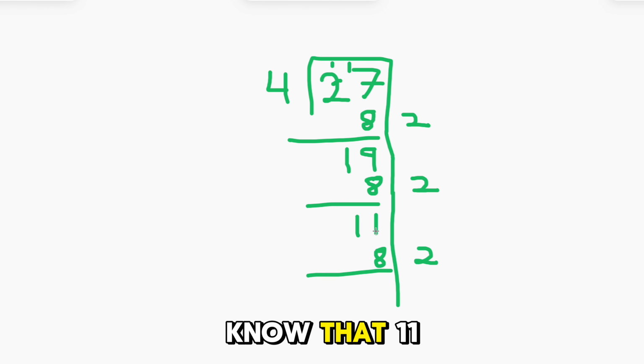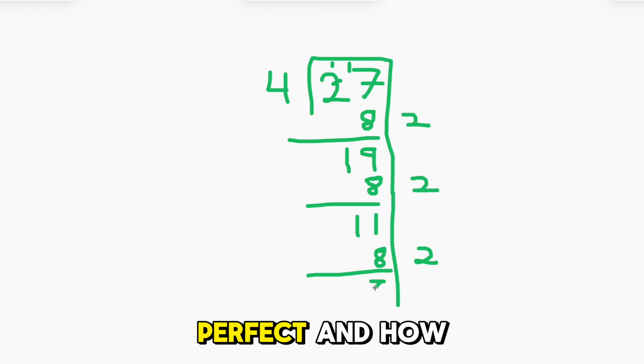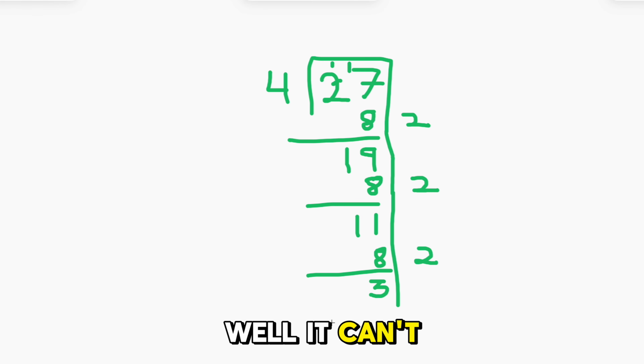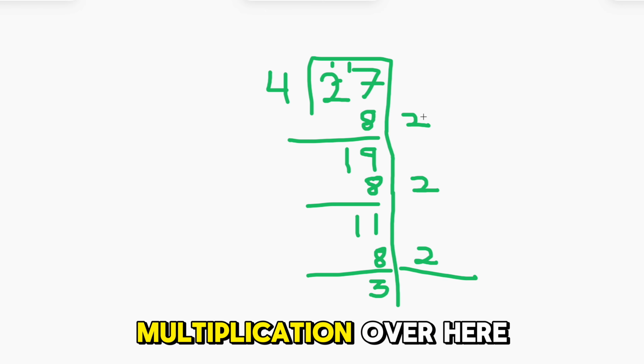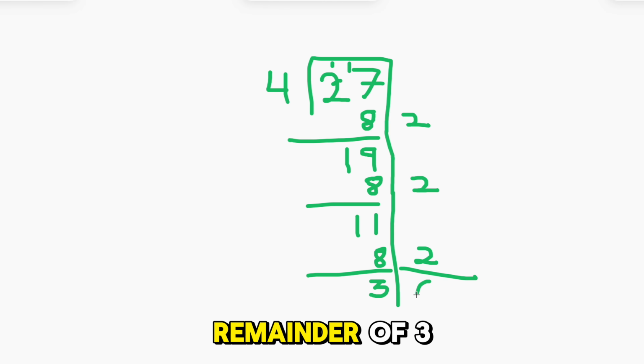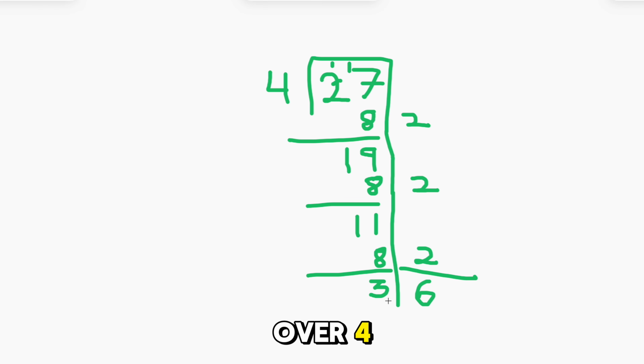Well, I know that 11 minus 8 is 3. Perfect. And how many times does 4 go into 3? Well, it can't, because 4 is bigger than 3. So I'm going to now subtotal all my multiplication over here. So I know 6, and I have a remainder of 3 over 4.